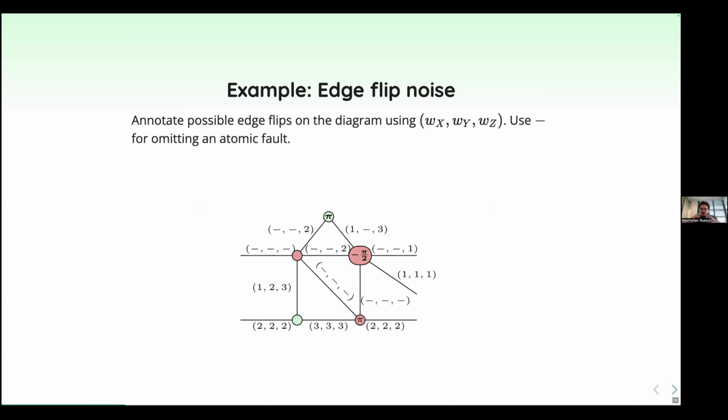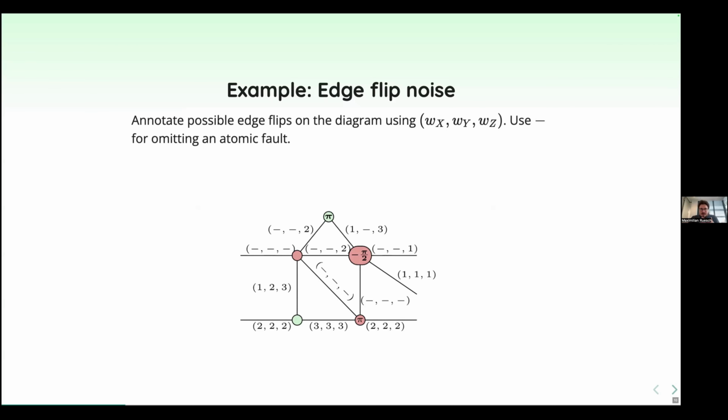So since they act locally on one single edge, we can annotate their weight on these edges and make the noise model visible on the diagram itself. This is similar to annotating something in the source of your program code rather than somewhere else. So we can do this using these triples for the weight of the X, Y, and Z faults. And we can use the dash to say that we want to omit an atomic fault from a noise model.